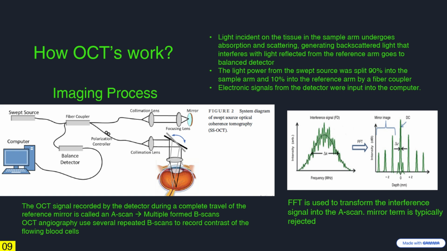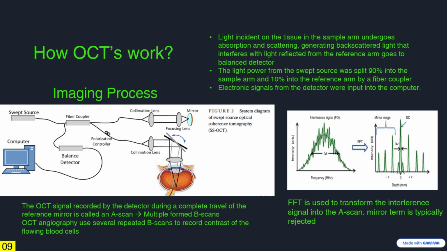With the Fourier transform, we can transform this interference signal into the depth scan, the A scan of the imaged tissue. As in this picture, we can see the interference signal is transformed to the depth scan, and the error signal is usually rejected here.